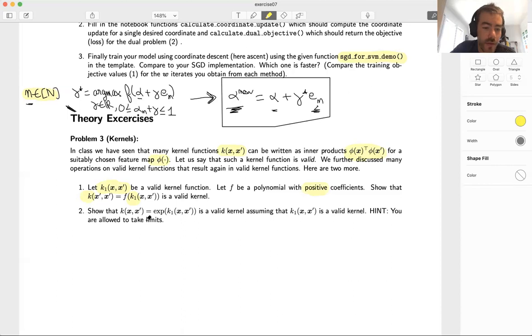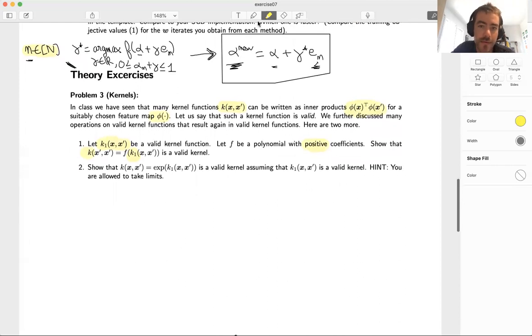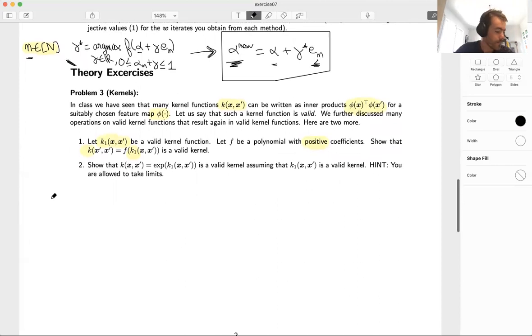And then question 2 is to show that the exponential of a kernel is still a valid kernel. And the hint they give you is that you're allowed to take limits, and I'm just going to make explicit what this means.